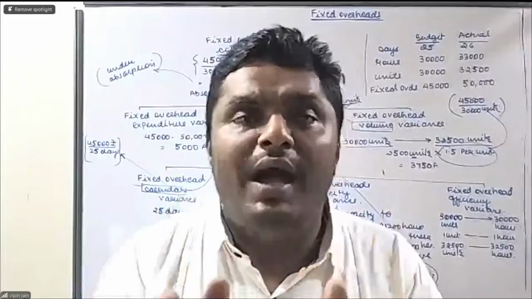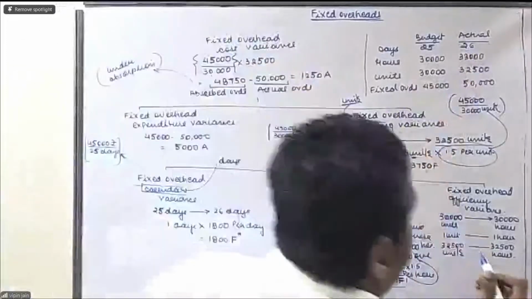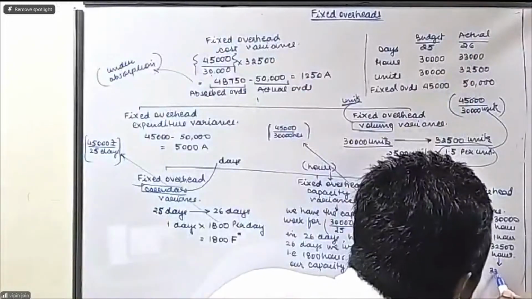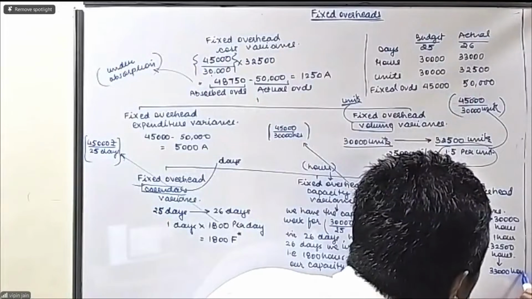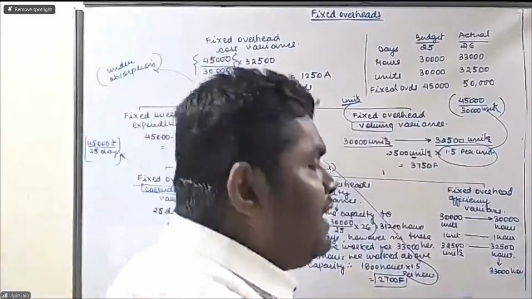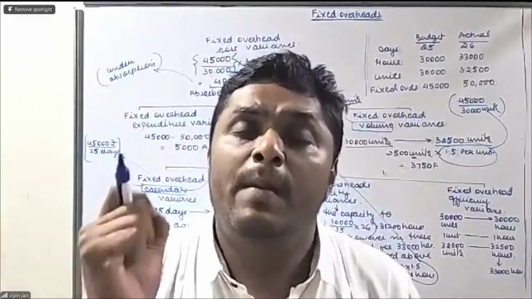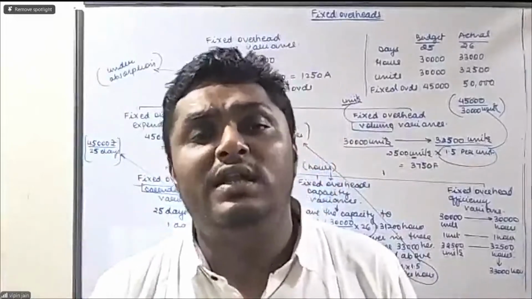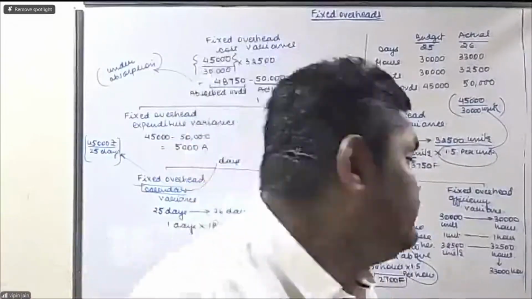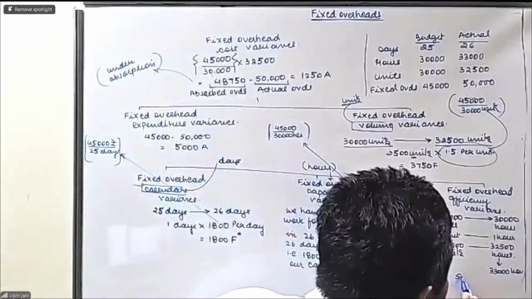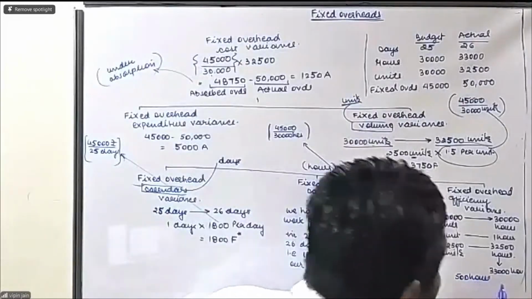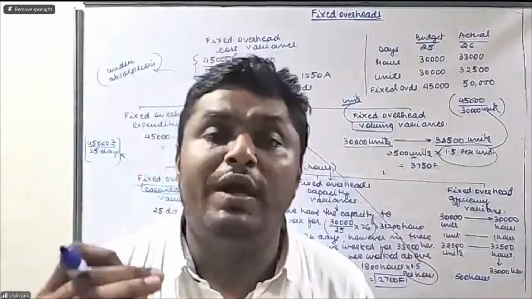But actual hours we took is 33,000 hours. So how many hours we took extra? 500 hours.